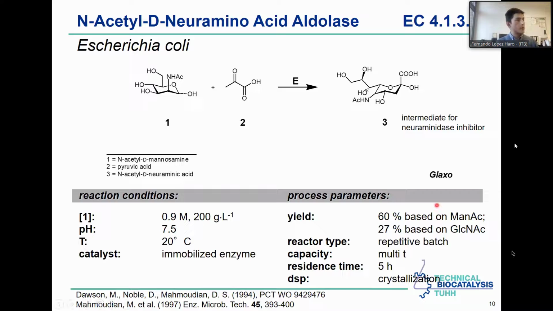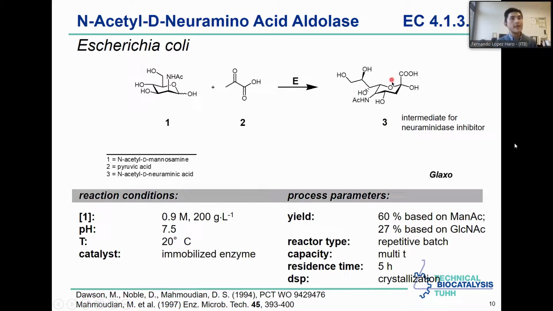Right. So another example we have here is the production of a compound called neuraminic acid. Neuraminic acid is a glycoside derived from another sugar molecule, N-acetyl-mannosamine. When it's combined with pyruvate, it produces neuraminic acid.